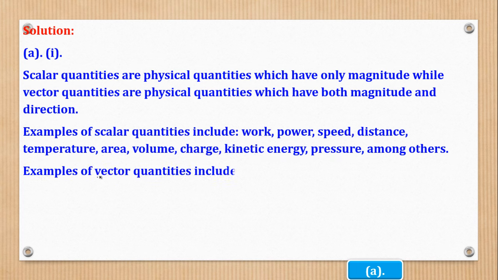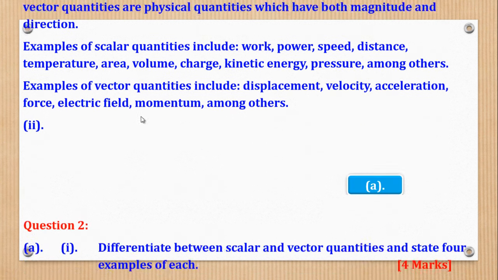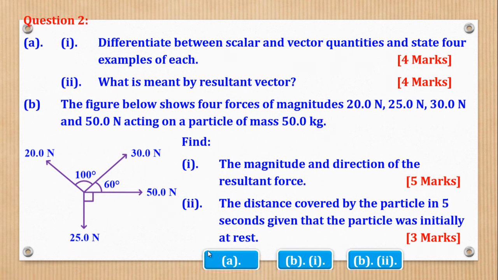Then examples of vector quantities can be displacement, velocity, acceleration, force, electric field, momentum, among others. So any 4 is okay. Then Roman 2 says, what is meant by resultant vector?